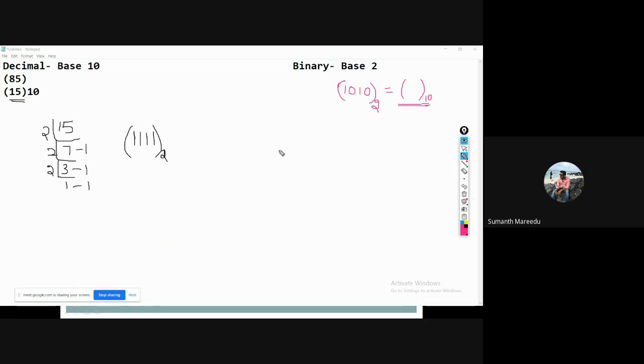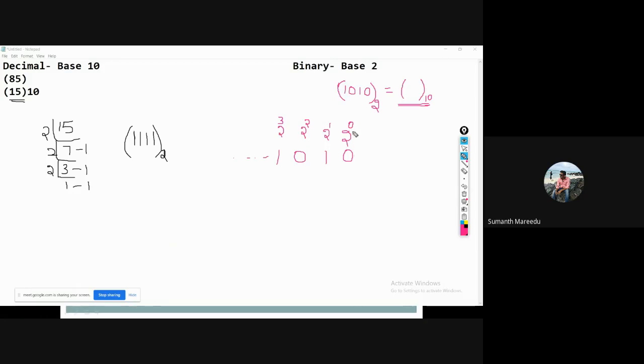What you can do is take powers of 2: 2 power 0, 2 power 1, 2 square, 2 cube. If you have more digits, I'll take 2 power 4, 2 power 5, 2 power 6, and go on like that.